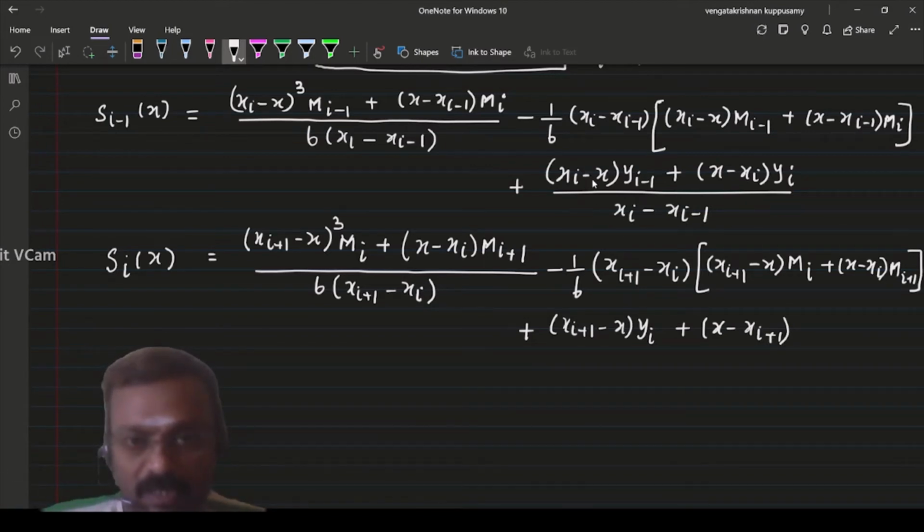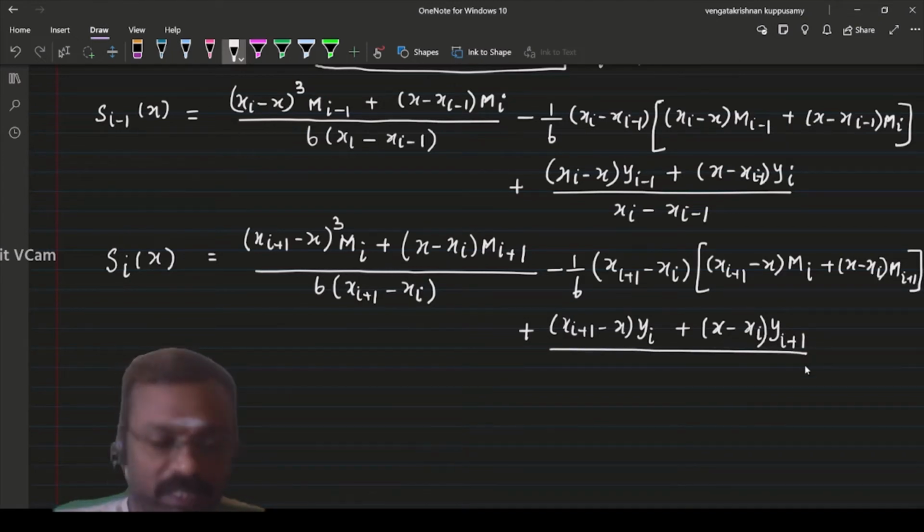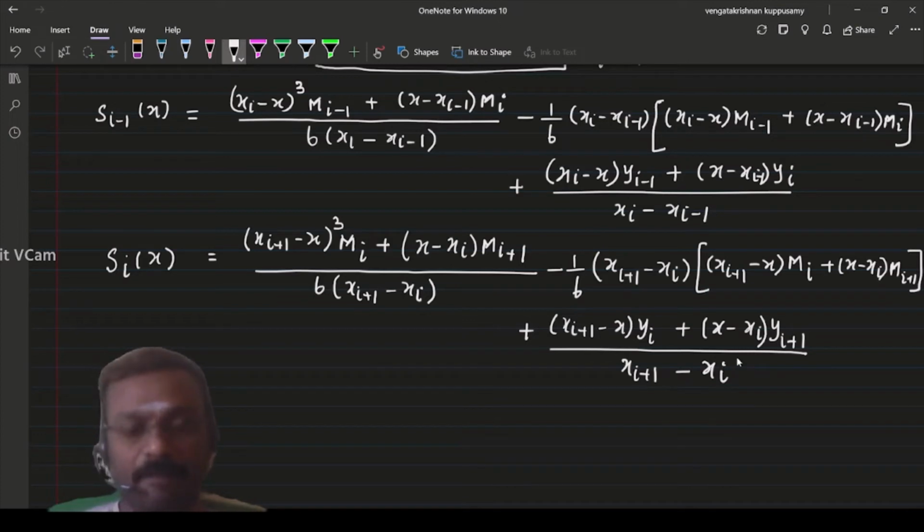Yes, small mistake over here: this is x_{i-1}, so it should be (x minus x_i) into y_{i+1}, divided by x_{i+1} minus x_i.